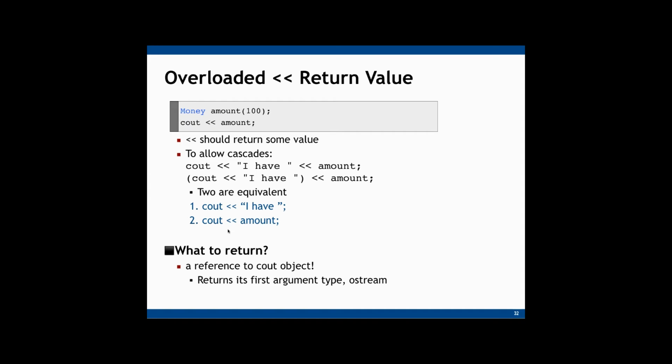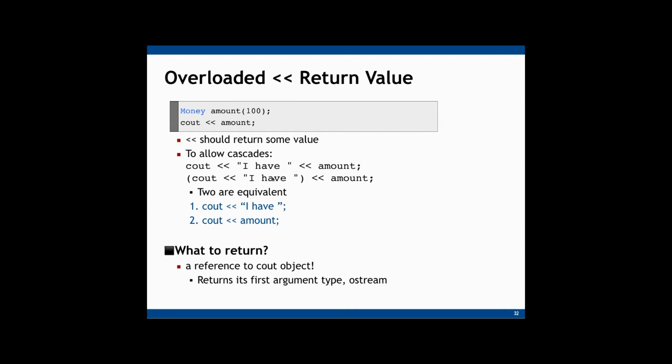And in order to evaluate the second line, the first evaluation must return the cout object so that it can be used for evaluating this second line. So this one is the first evaluation.